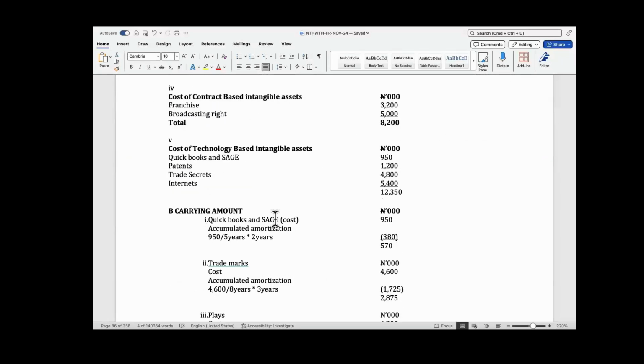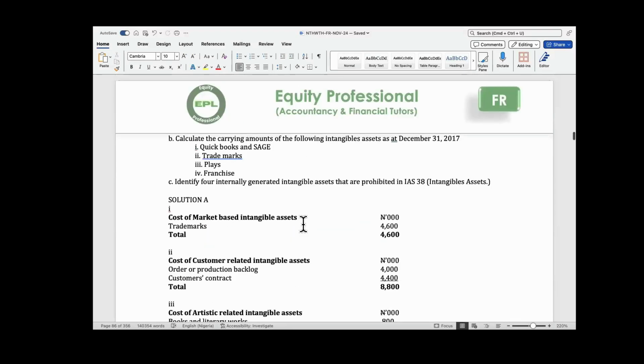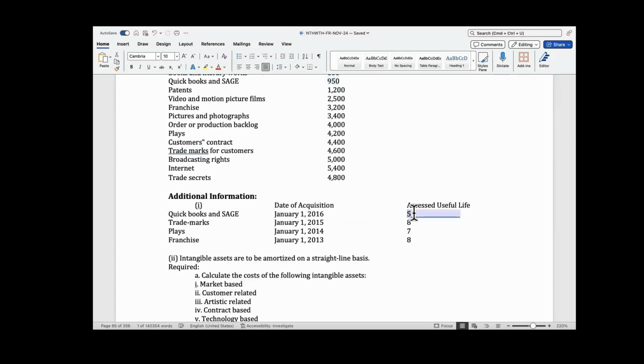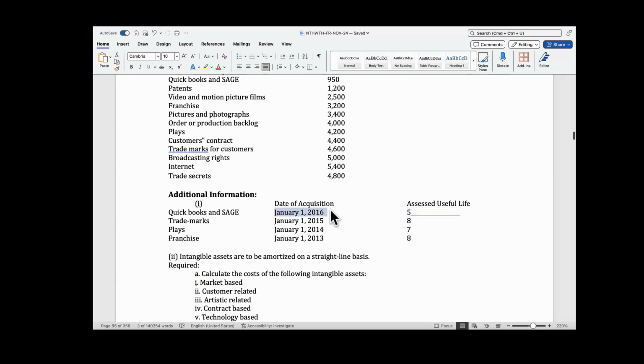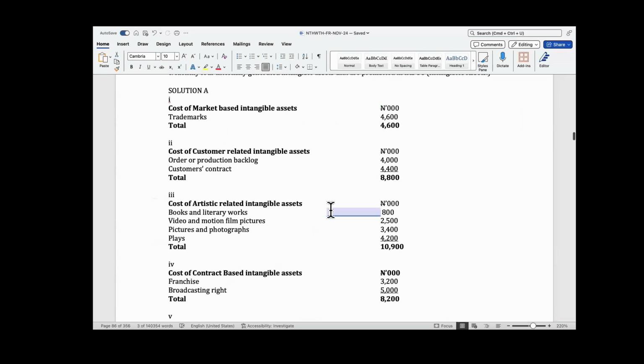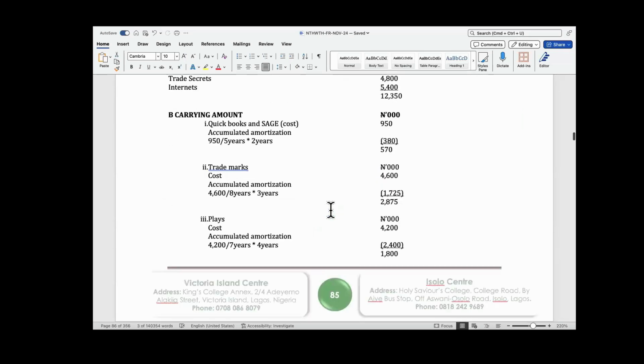For QuickBooks, don't forget that the way we determine carrying amount is cost minus accumulated amortization. The cost of QuickBooks is 950, the useful life is 5 years, and they acquired it on 1st January 2016. The challenge, which is not really a challenge, is calculating the accumulated amortization.